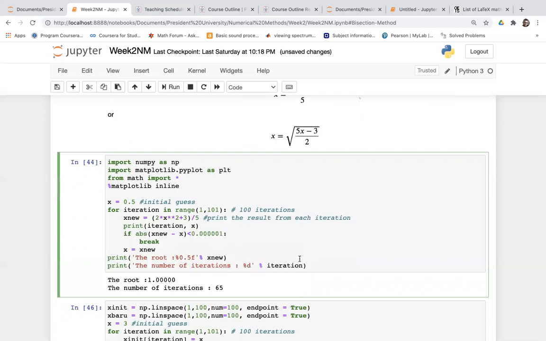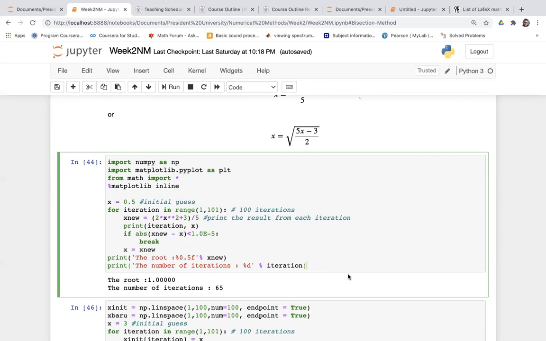How many zeros in here? 1, 2, 3, 4, 5. So you can put the same as 1.0e minus 5. If this tolerance is satisfied, the process will be stopped. If not, it will continue, with x old becoming x new, setting the new iteration.